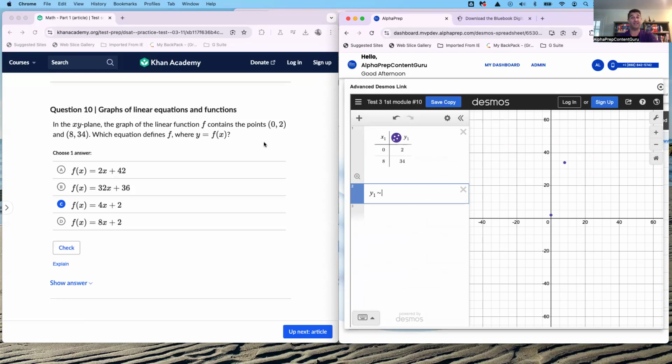Then I can put a tilde in instead of the equal sign. Since I don't know what's before the x, I'll make it an a, an x subscript 1. And I'll say plus, and because I don't know what this is, I'll make it a b. And sure enough, it'll graph the line that goes through those 2 points and tell me what a and b are. a is 4, b is 2. Giddy up, the answer is C. That's just a little fun for you.